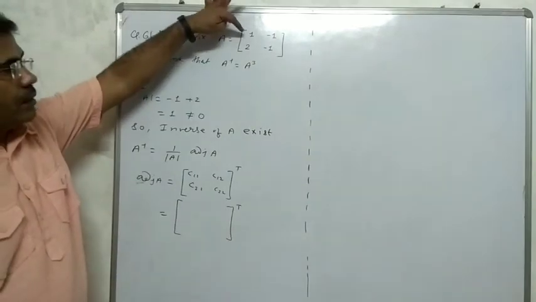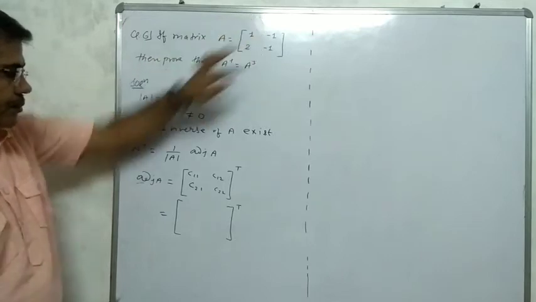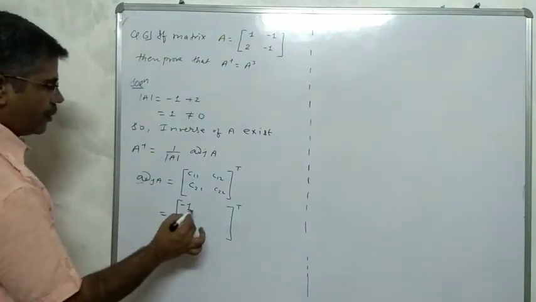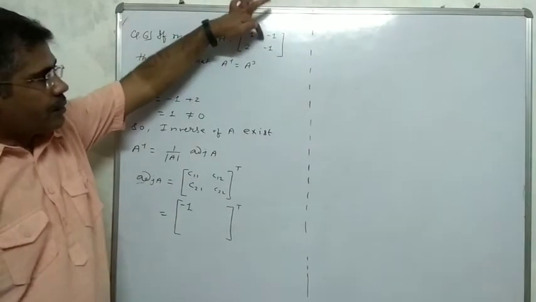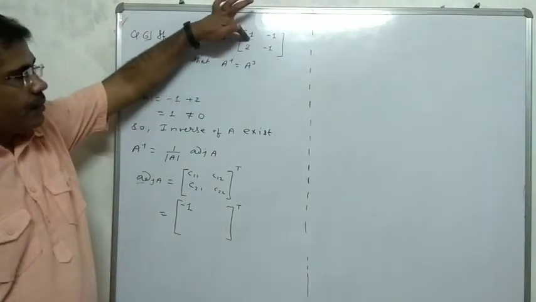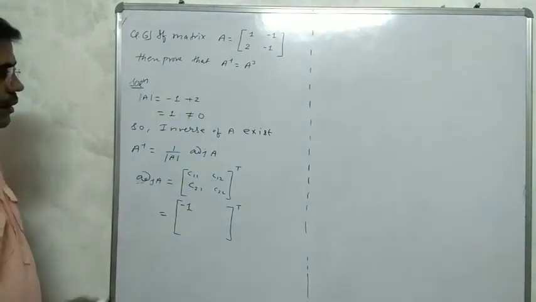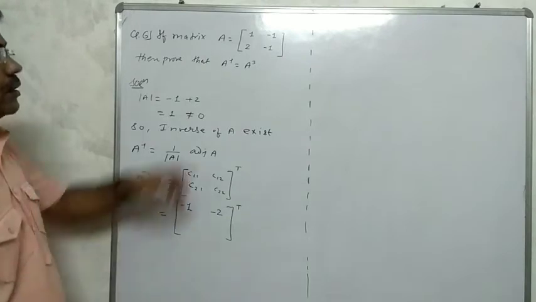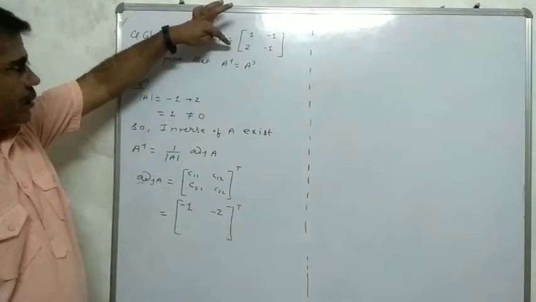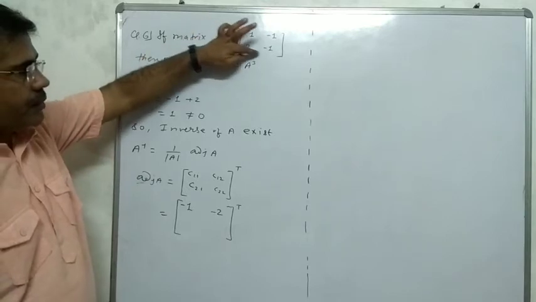C11, this row and this column delete, minus 1. C12, this column and this row delete. We have 2, but sign of cofactor is minus, so we write minus 2. C21, this column and this row delete.